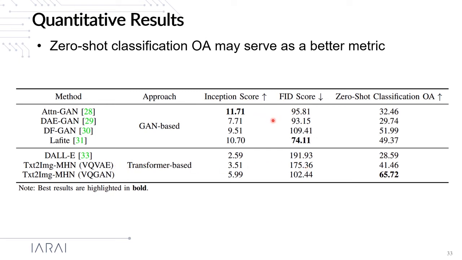However, it should also be noted that the method achieving the best inception score may not achieve very good performance on the FID score. By contrast, we argue that the zero-shot classification OA may serve as a better metric to evaluate the performance of generation results, especially from the perspective of semantic consistency. And we can see that the proposed text-to-image modern Hopfield network achieves the highest OA of 65%, which outperforms the other methods by a large margin.